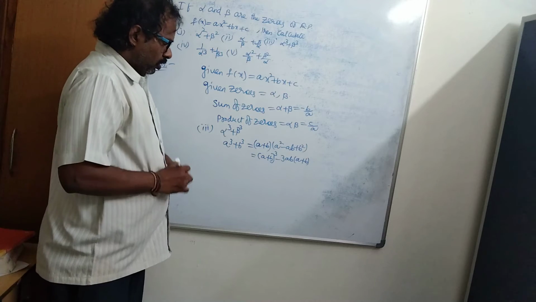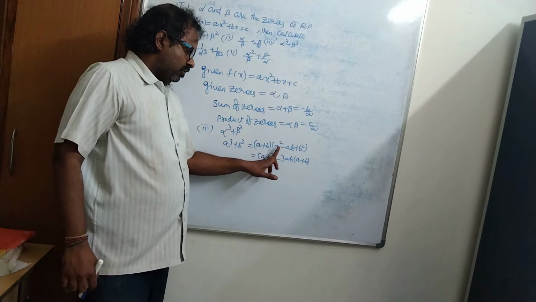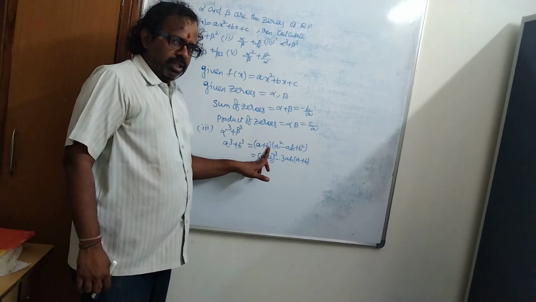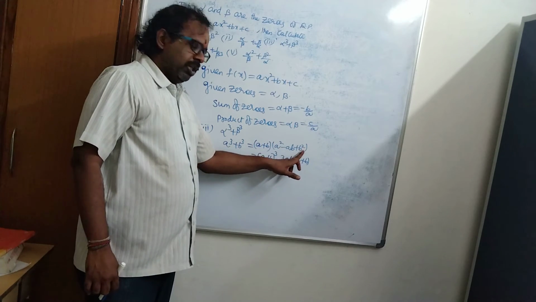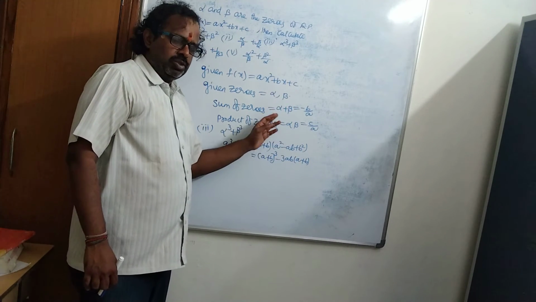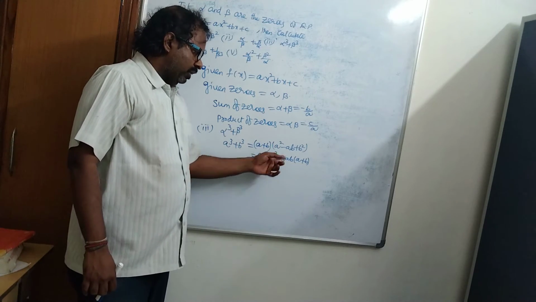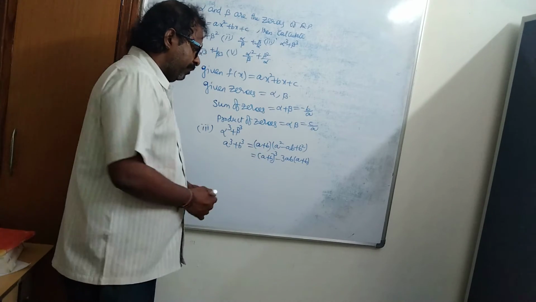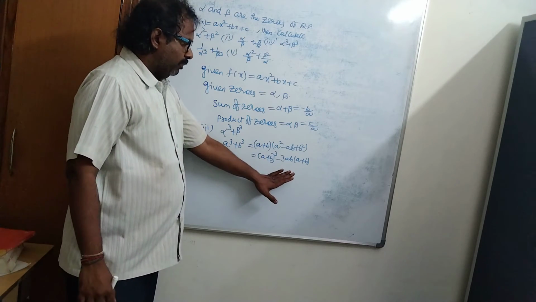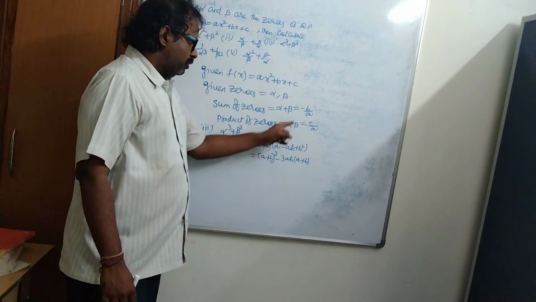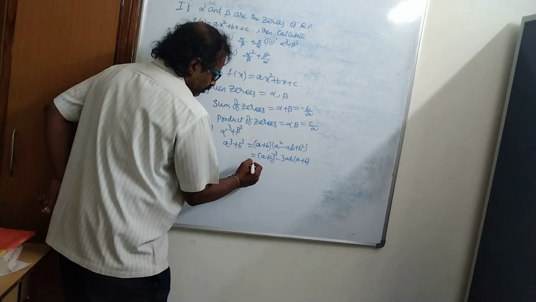If you take this formula, a plus b is nothing but alpha plus beta, but alpha square plus beta square, if you substitute that b square minus 2ac by a square, that will be very complicated. So let us go for this one where we have simple applications, that is, a plus b is minus b by a.